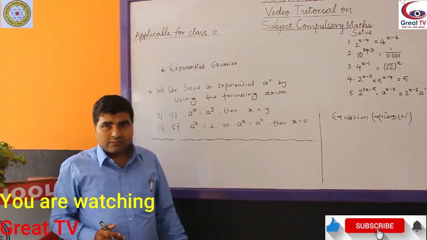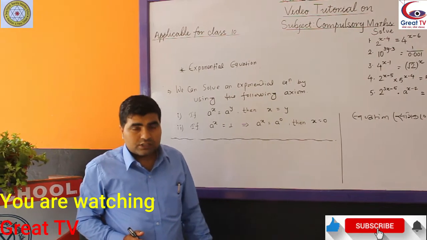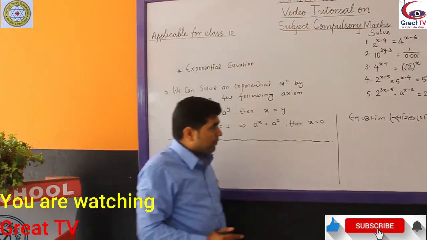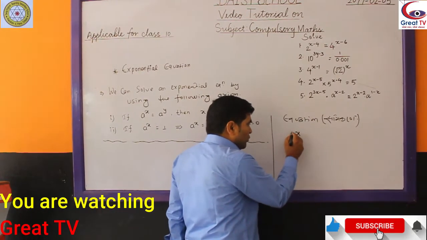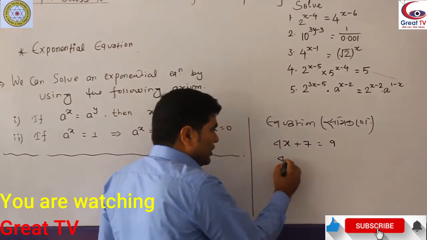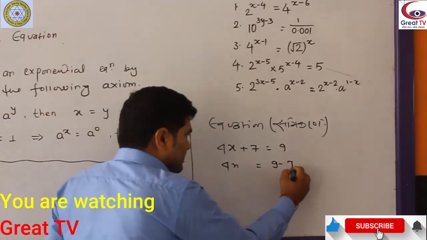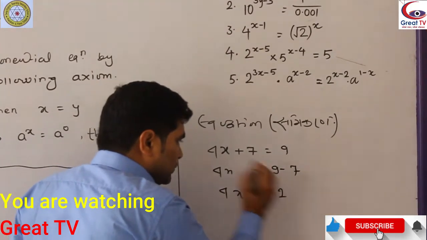Equations have many types: linear equation, quadratic equation, cubic equation, biquadratic equation, etc. I take the first example, the equation 4x + 7 = 9. So 4x = 9 - 7, 4x = 2.